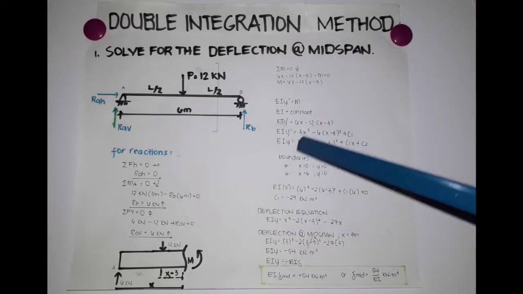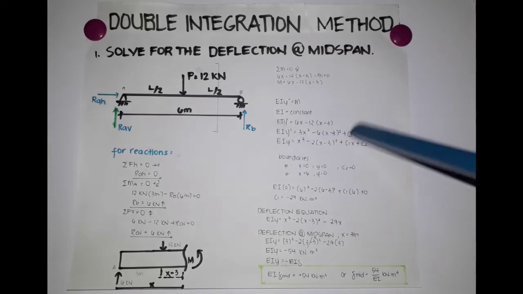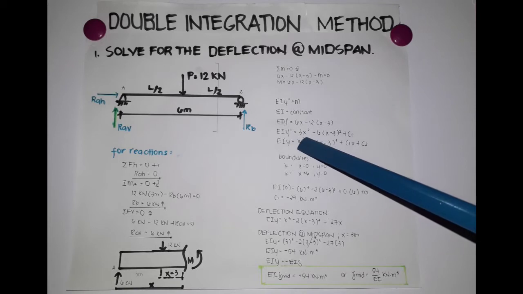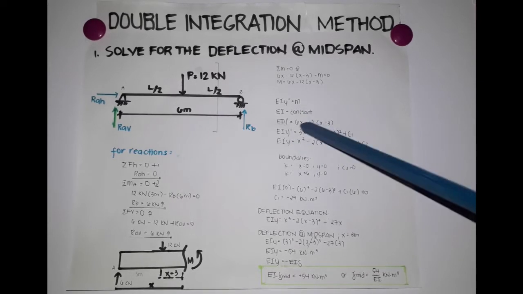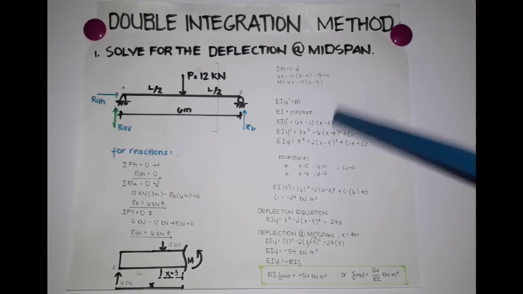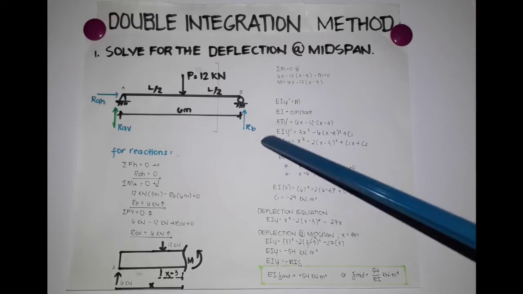Pag in-integrate natin siya, EIy double prime maging EIy prime: 6x over 2 maging 3x squared minus 12 over 2 maging negative 6(x minus 3) squared. Dahil nag-integrate tayo, magdadagdag tayo ng constant which is C1.